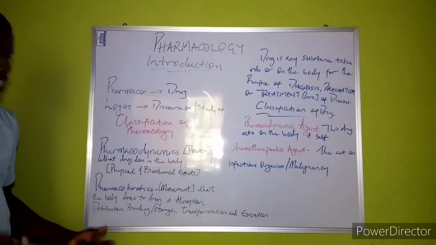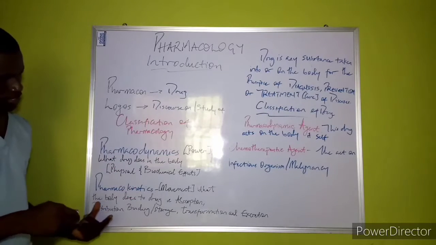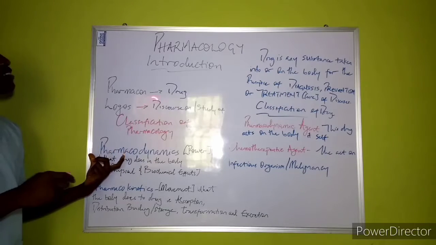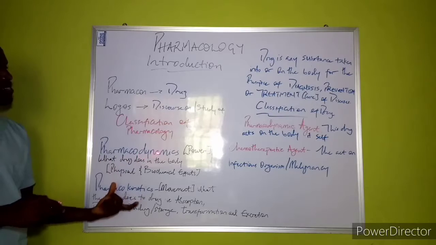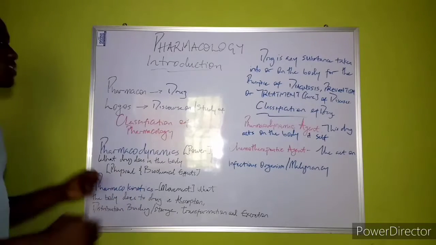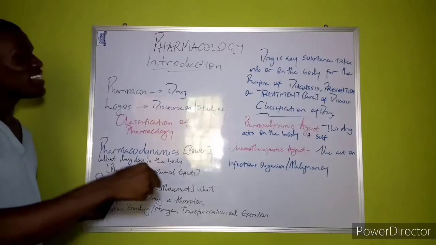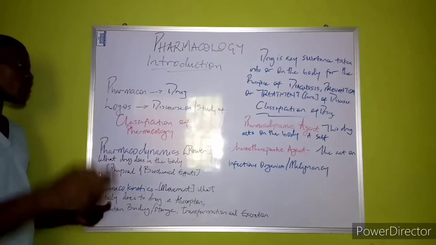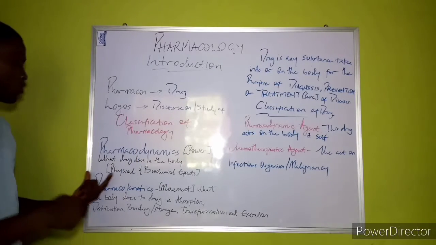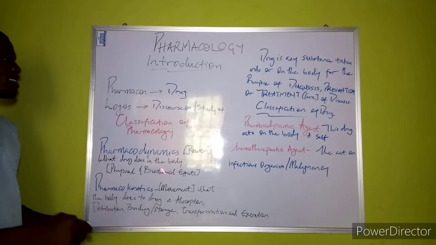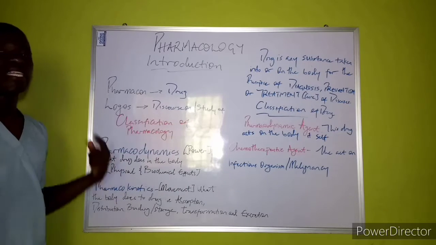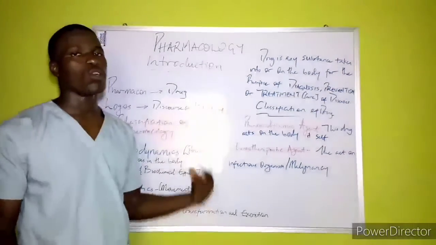Pharmacodynamics is derived from Greek words, pharmaco and dynamics. Pharmaco, as said earlier, refers to drug, while dynamics refers to power. So pharmacodynamics simply refers to the power of the drug in the body, that is, the effect of the drug within the body. That's what the drug does to the body. It refers to the physical and biochemical effects of the drug on the body.